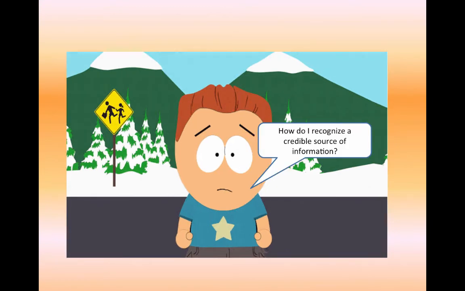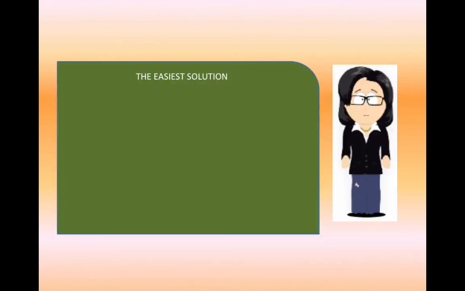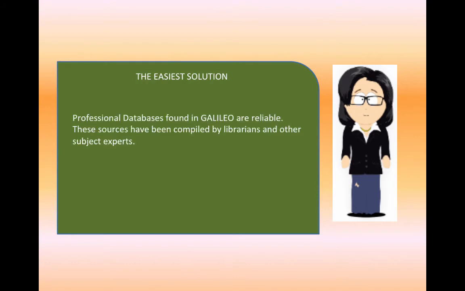How do I recognize a credible source of information? Well, the easiest solution is using the professional databases found in Galileo. Those are reliable. Those sources have been compiled by librarians and other subject experts.